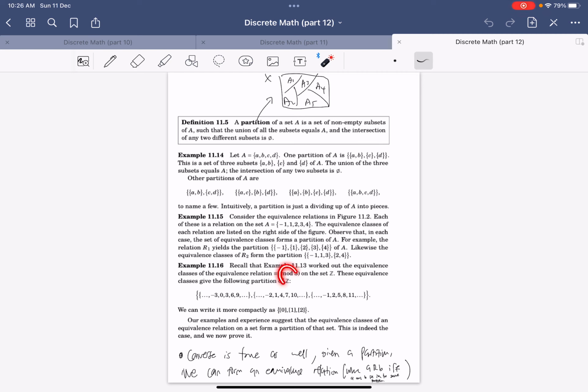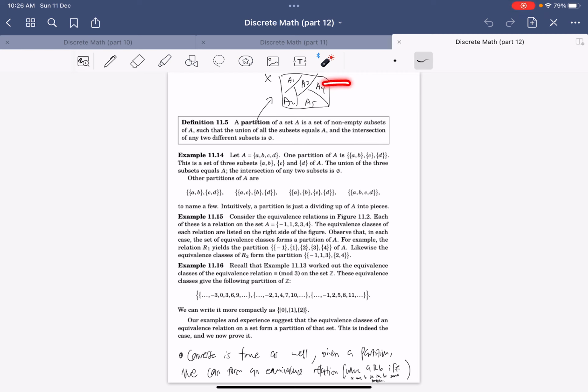And this equivalence relation on modulo 3 gives rise to this partition. And so an equivalence relation forms a partition on a set. And the converse is true as well. Given a partition, we can form a relation by relating two elements if and only if they lie in the same partition set.